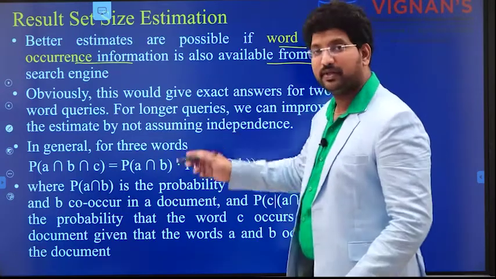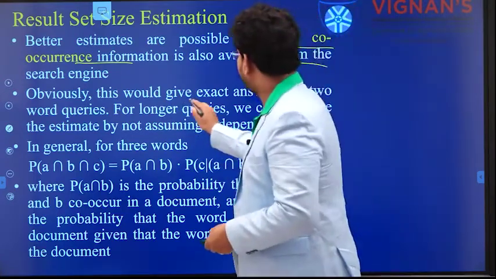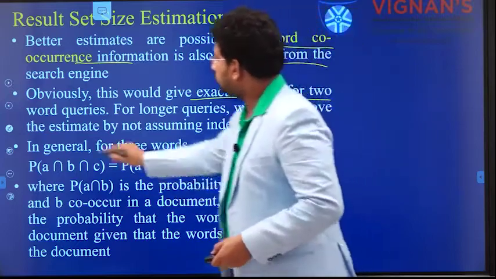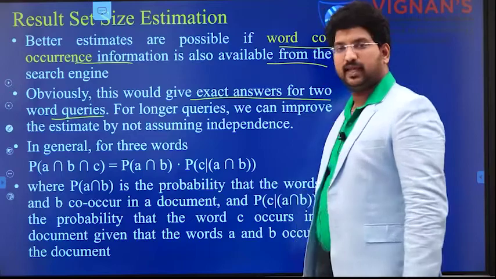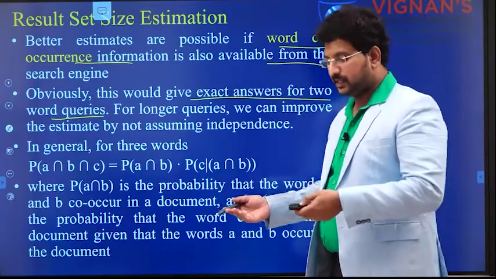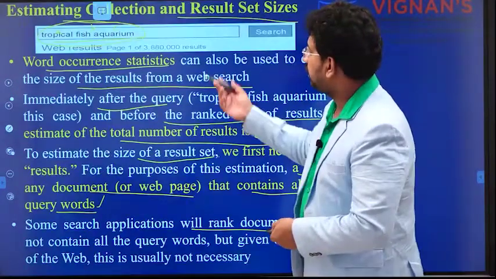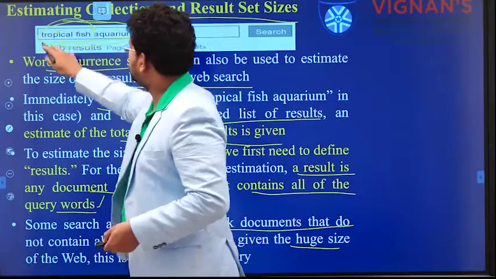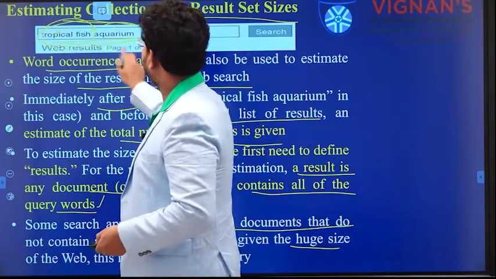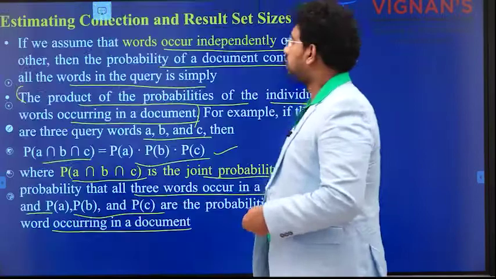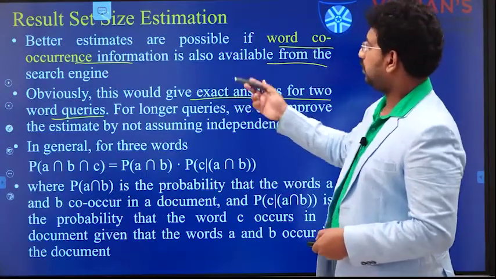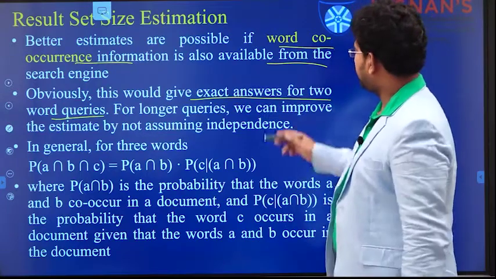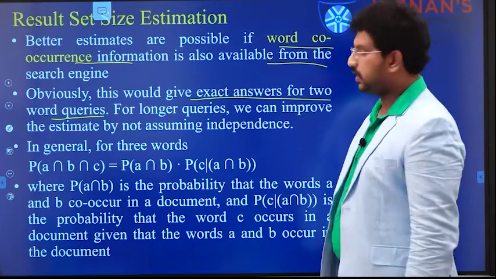Two word queries in the sense, as you find here, for the two words tropical fish, then aquarium, two word queries. Obviously this would give the exact answers for two word queries.